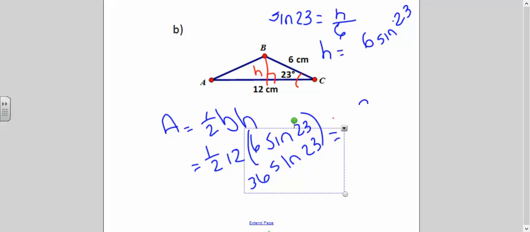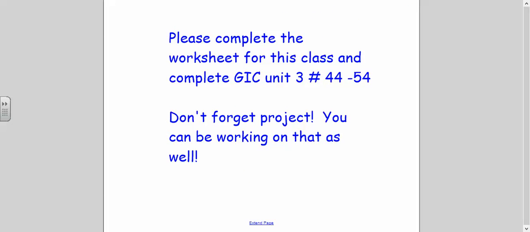I did that because 1/2 of 12 is 6, and then I took 6 times 6, which was 36. So that's how I got my 36. Then we just take the sine of 23, so you want to check that out in your calculators. So that's how you're going to use your trig to find that altitude.